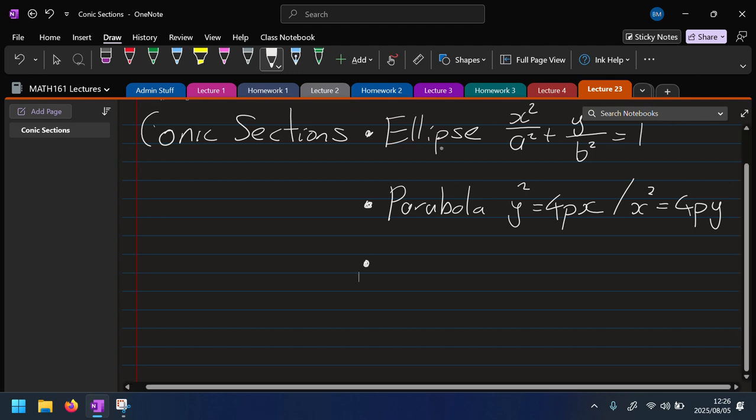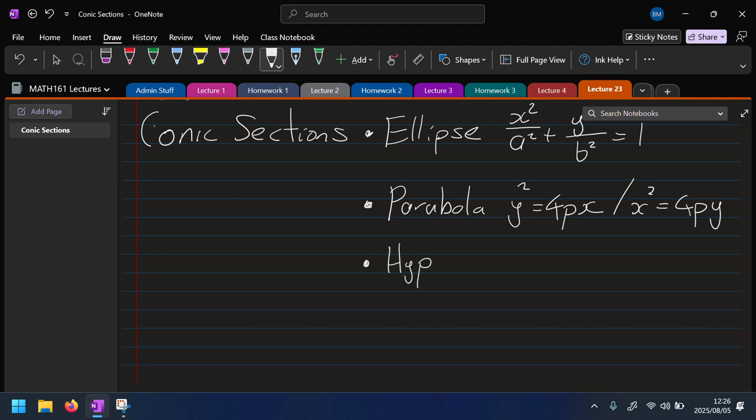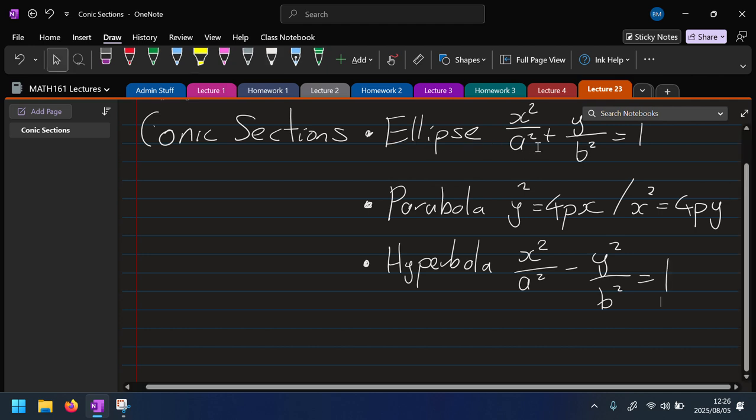Okay, and lastly, the hyperbola. You're familiar with the 1 over x hyperbola, the rectangular hyperbola. We're going to be looking at a more general group of hyperbolae. That will be given by x squared over a squared minus y squared over b squared equals 1. Very, very similar to the ellipse.